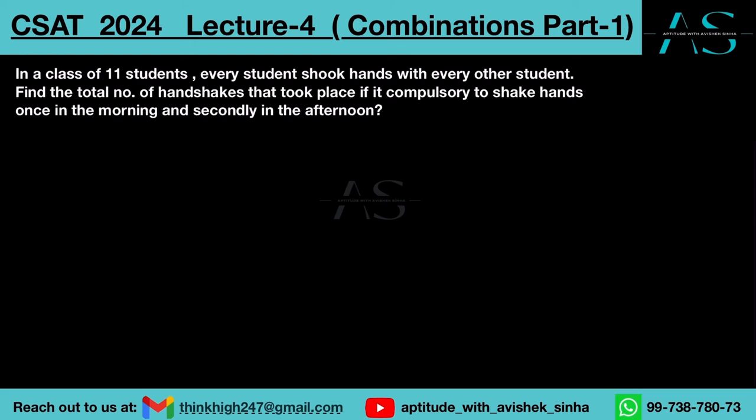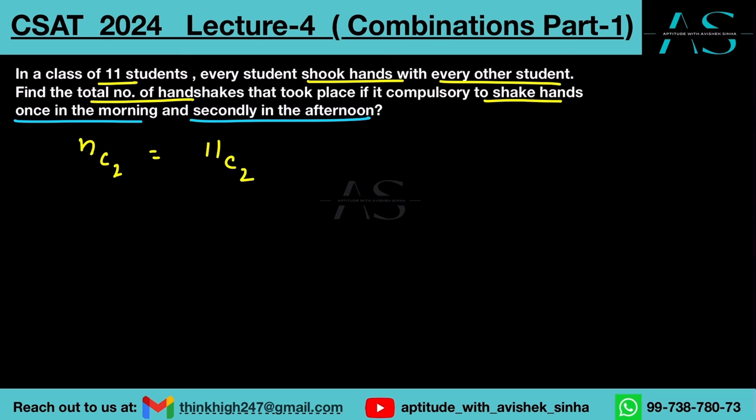In a class of 11 students, every student shook hands with every other person. Find the total number of handshakes that took place if it is compulsory. What is the total number of handshakes? NC2. So this is 11C2. But we also have a constraint that says it is compulsory to shake hands once in the morning and secondly in the afternoon.